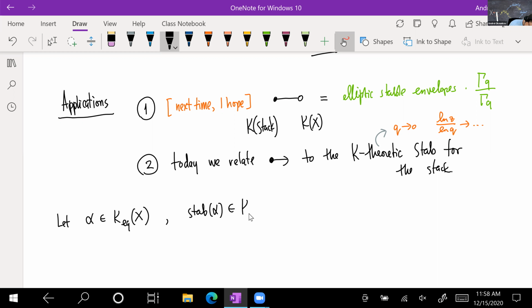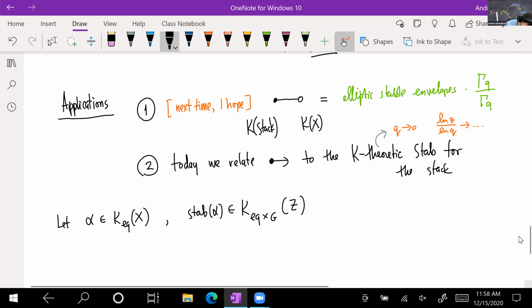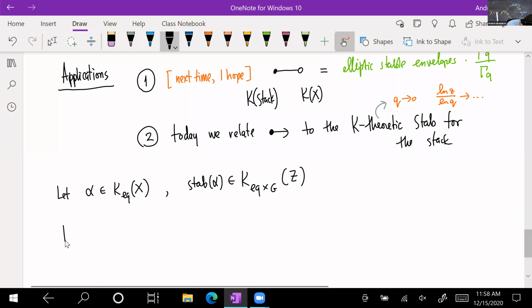So this is in the current K-theory of the ambient stack, maybe cross G. And then there's the following theorem, and this is in this paper with Mina.